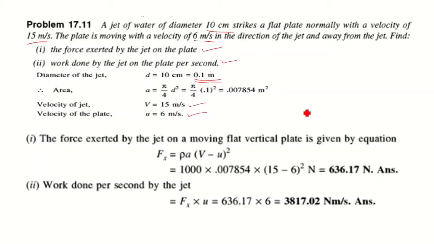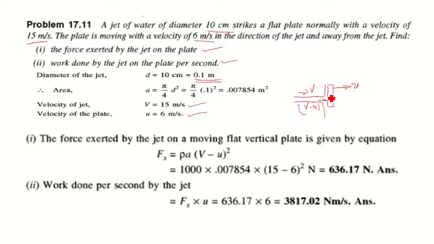So for the problem, there is a jet of water of velocity v, and there is a plate which is placed vertically, and it also has a velocity of u. Values of v and u are given, and the jet of water strikes the plate with a relative velocity, v minus u.